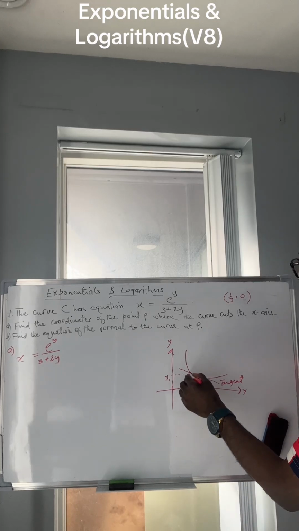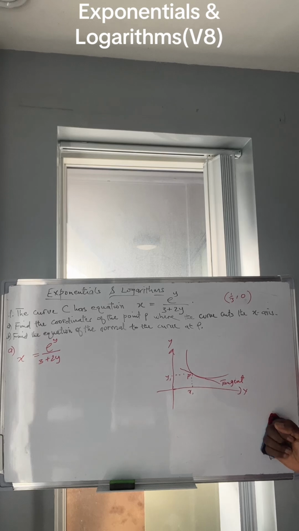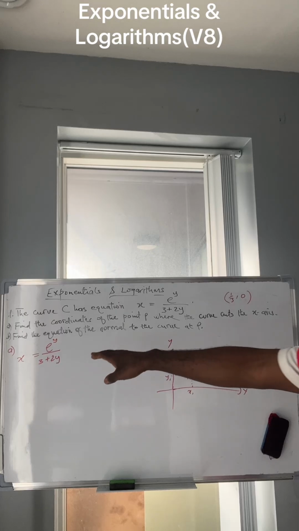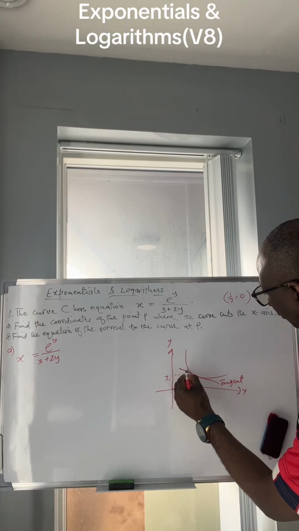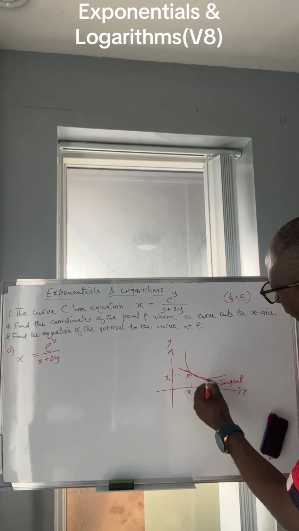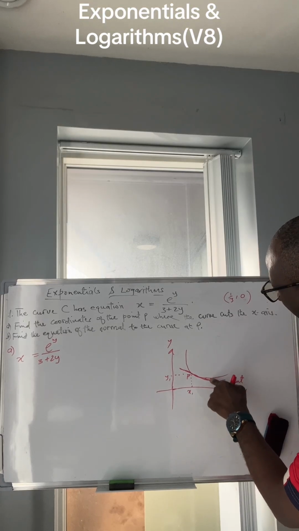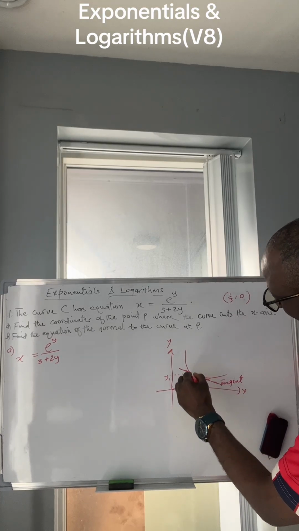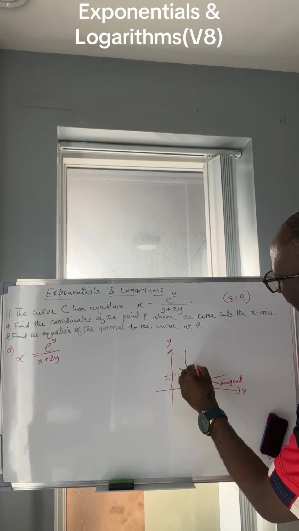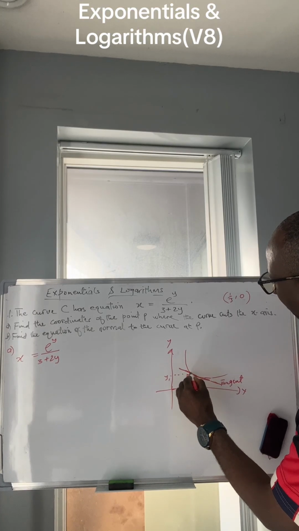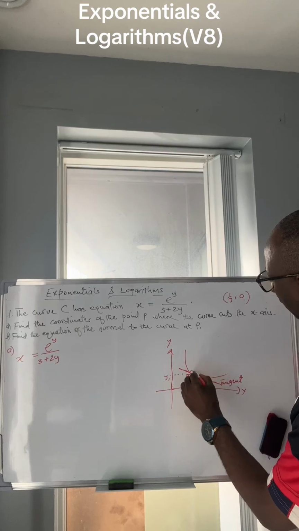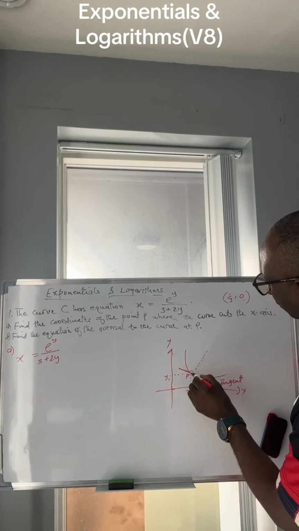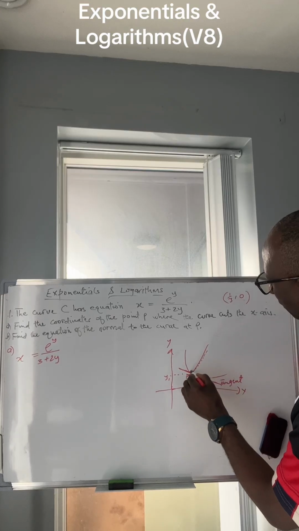So if this point here is P, now what they are asking is to find the equation of the normal to the curve. So to find the normal of this tangent line, you have to find a line that is perpendicular to it. So that line should be something like this. Must be 90 degrees.